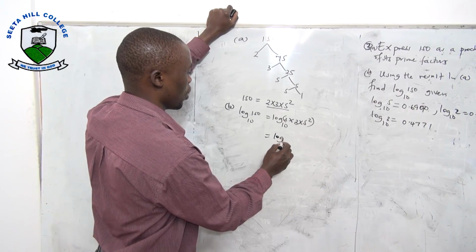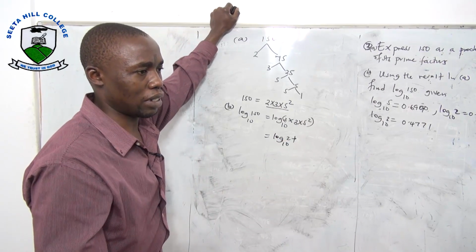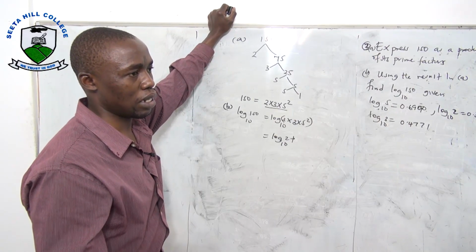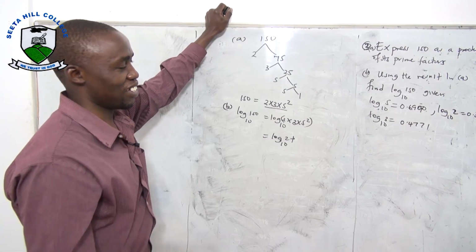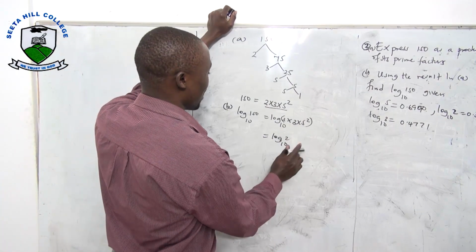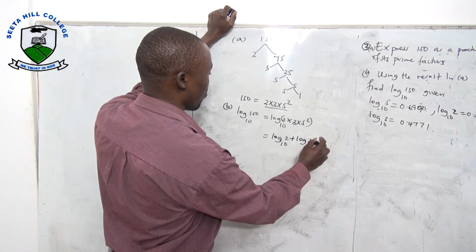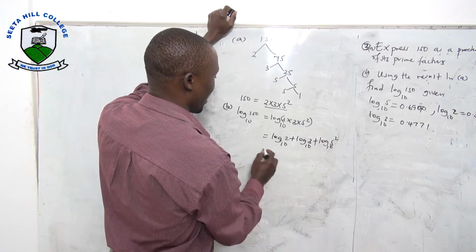That's wonderful, fantastic. You see that? Now that will be plus 3 plus 5 squared.